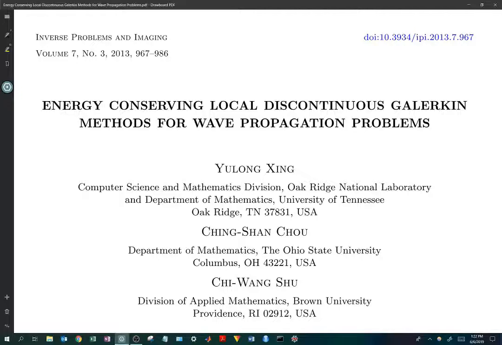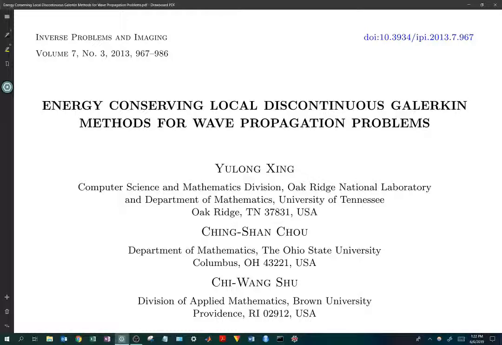And let's see, so we have the three authors here. These are all awesome people, and that's because I know most of them. Qingshan Cho is my advisor. Yulong Jing is someone who I've read some papers with, and he also taught a class that I took. Interestingly enough, they both went to the same university to get their PhDs, and they had the same advisor, and that advisor happens to be our third author here, Xiwang Xu.